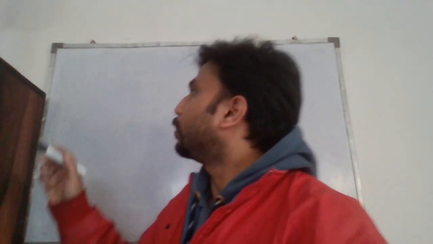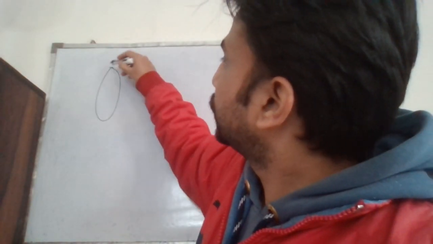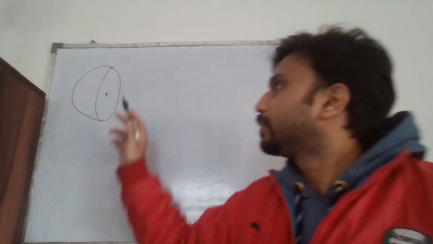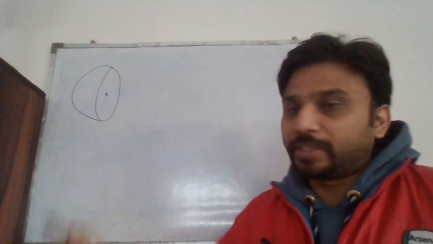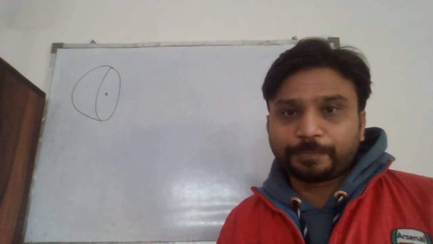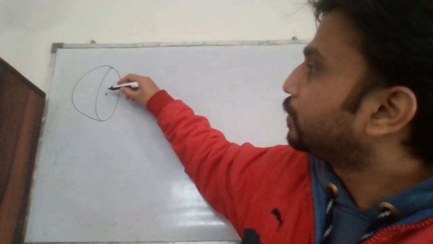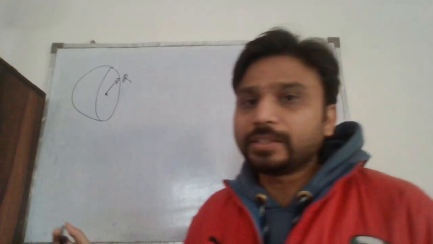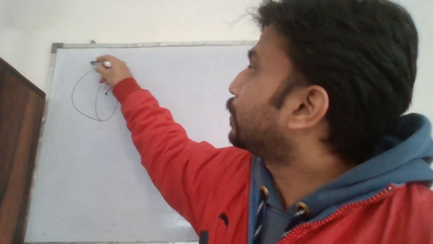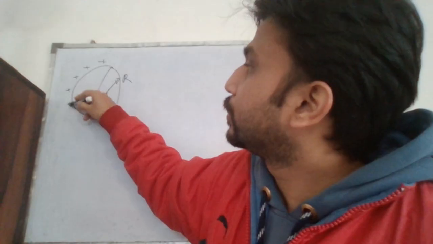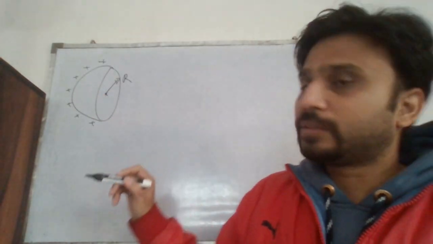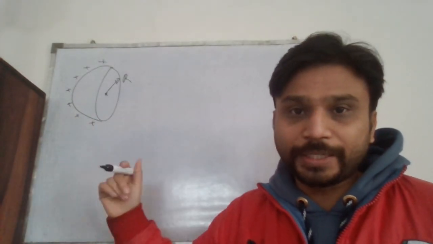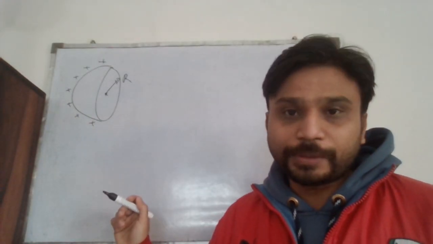So a hemisphere is a body like this, and this is our point of concern, the center of the hemisphere. We'll say the radius of the sphere is some r, and the charge is purely spread on the surface of the sphere.